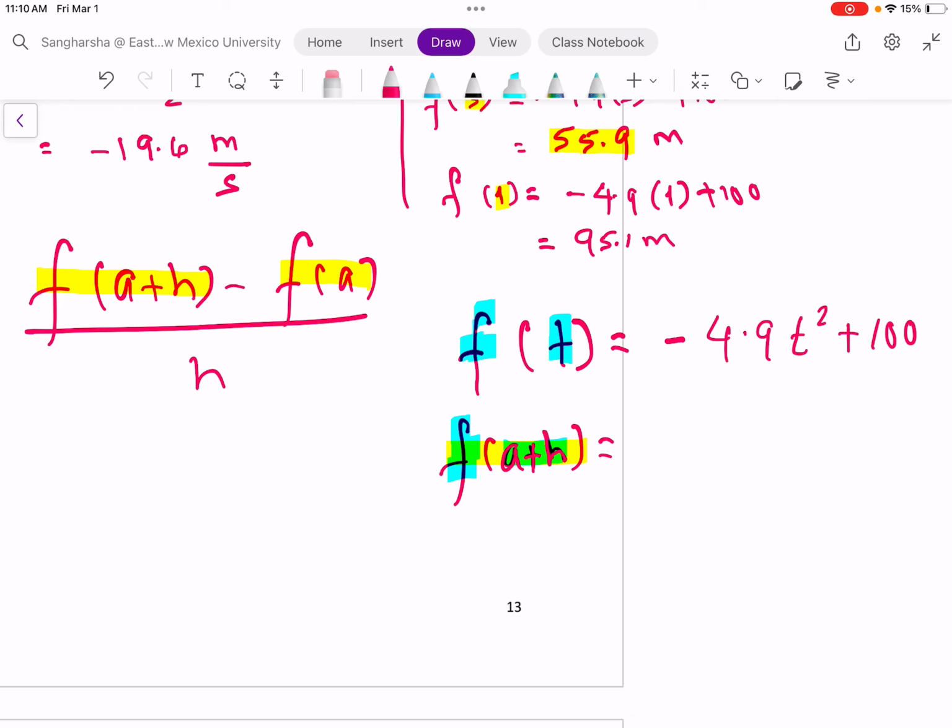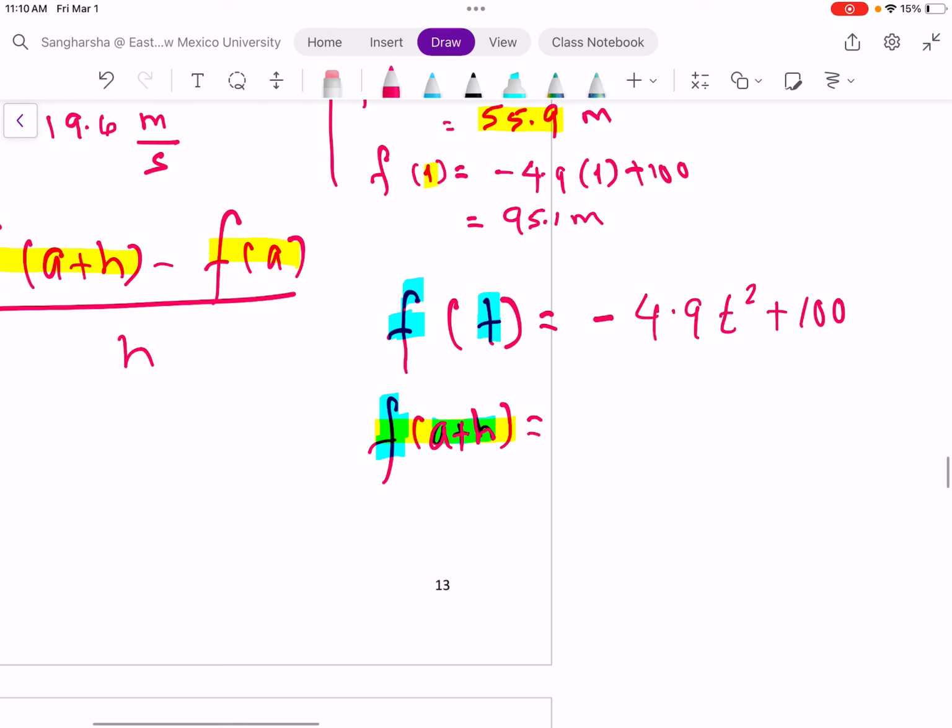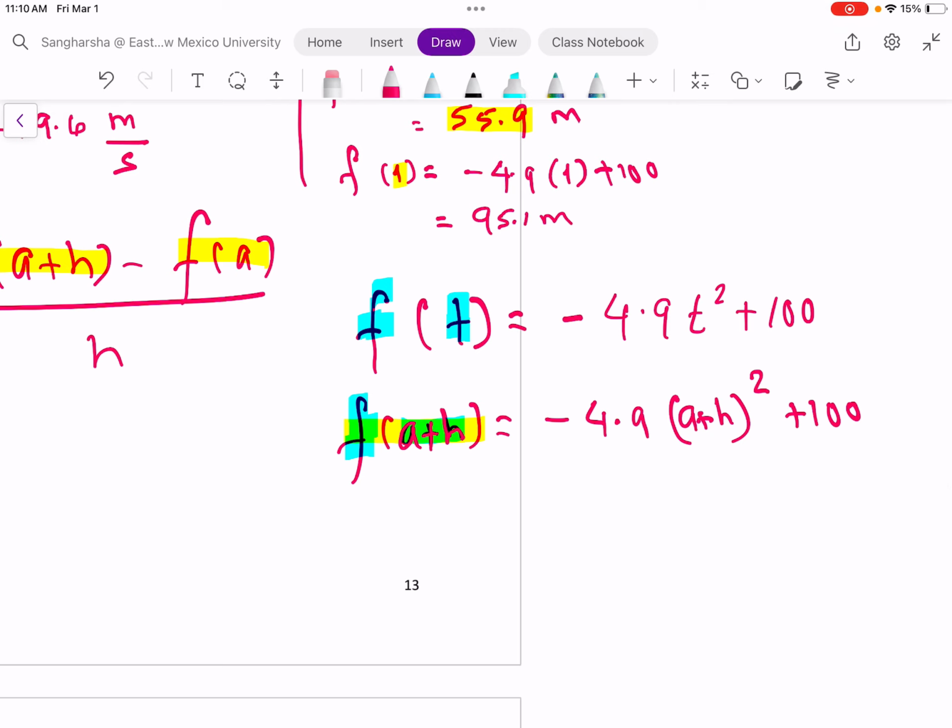So you substitute a plus h for every t. So we have negative 4.9, and your t is a plus h, squared, plus 100. Does anyone have a question here? You have an input, you are finding the output, and the process is the same. You substitute your input a plus h for every t.